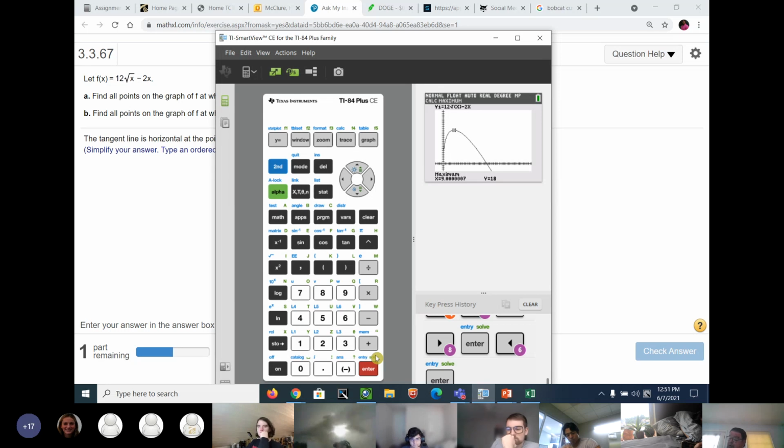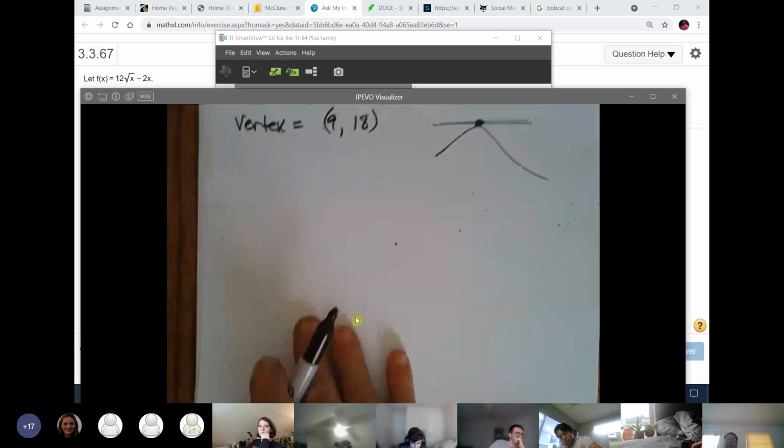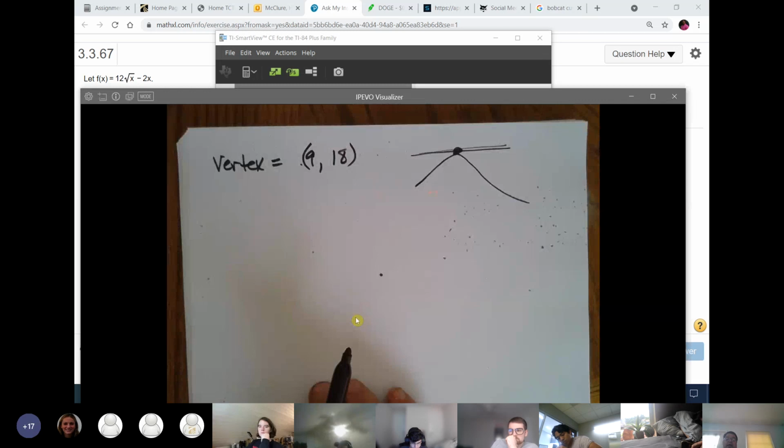Therefore, whenever you have a vertex, your horizontal line is right there at the vertex. So with that being said, they said, where is the horizontal line? At x is equal to 9 and 18. So that should be your answer.